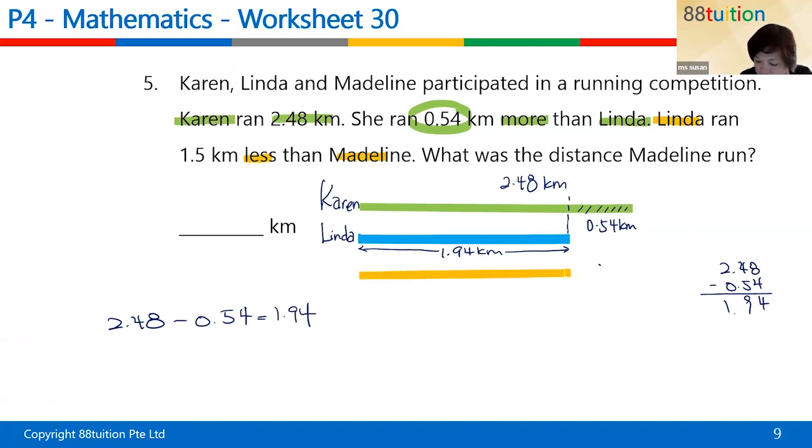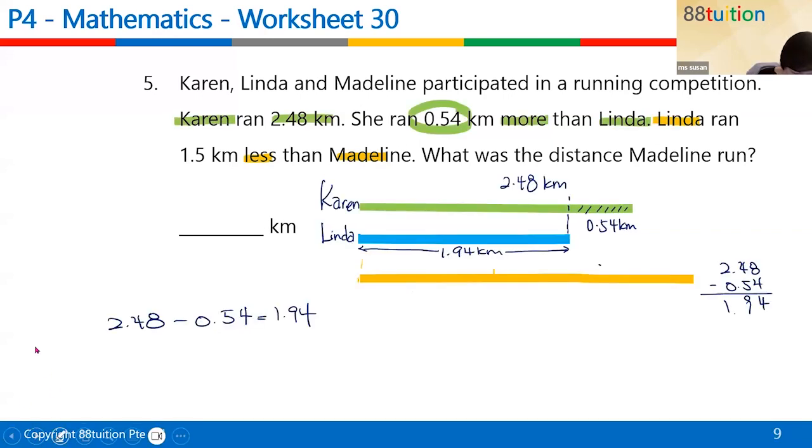By 1.5. Wow, so that means a very long one. You understand what I'm saying? And it should be longer than this. Okay, so this is the start point.